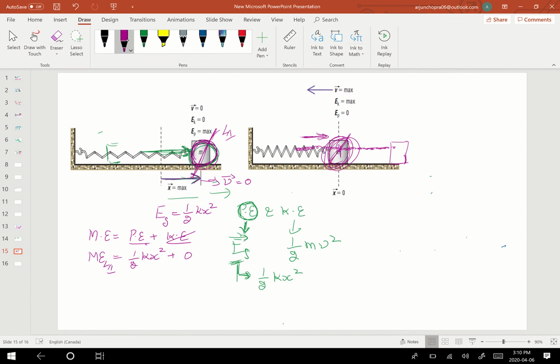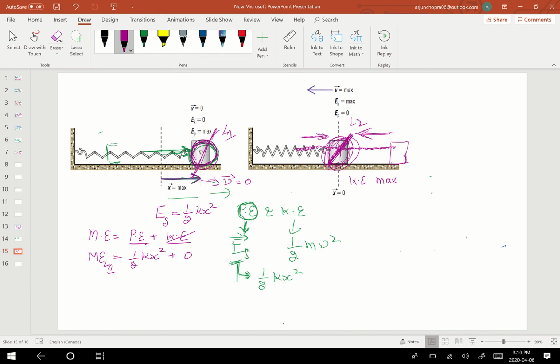So at this point, you guys will agree that the kinetic energy will be maximum, because up to this point the spring is trying to pull the mass in the backward direction. So I'm going to observe this location 2.